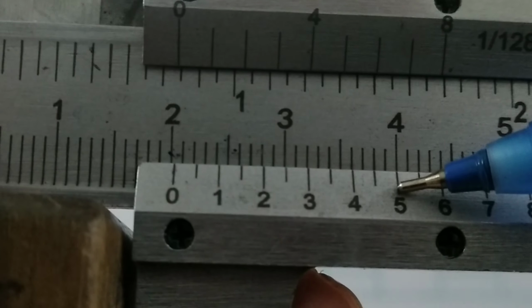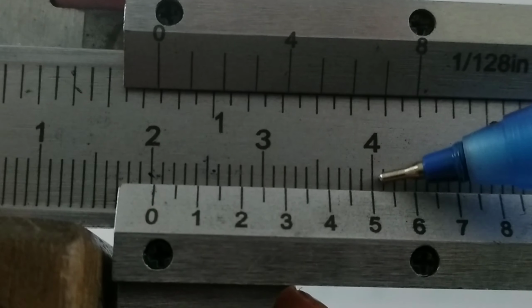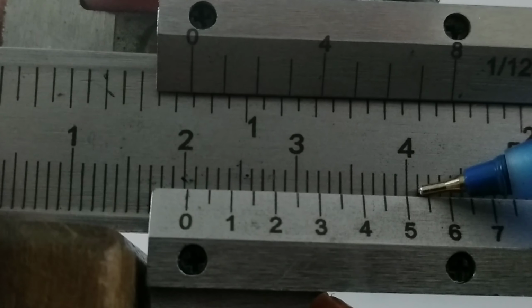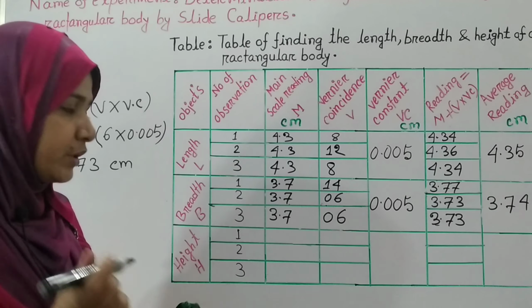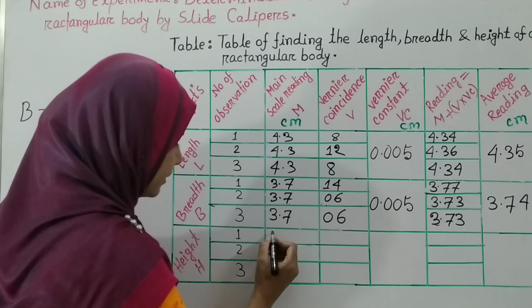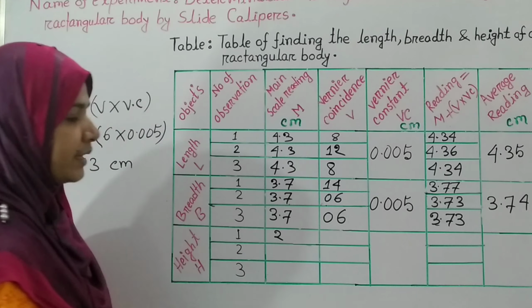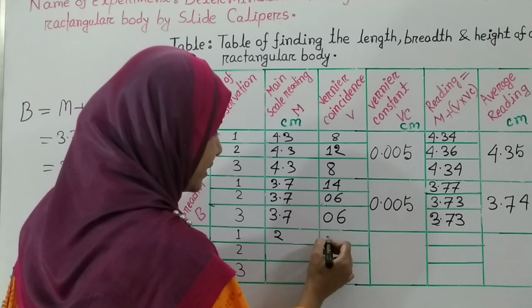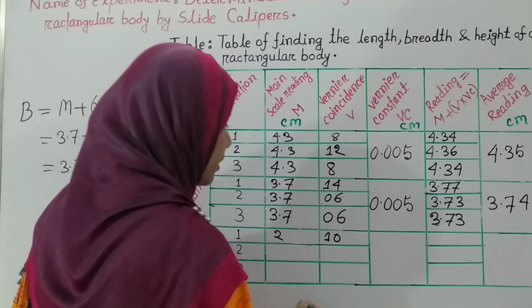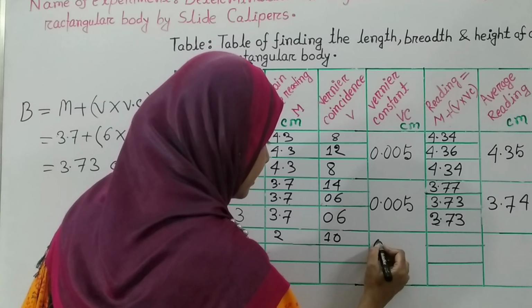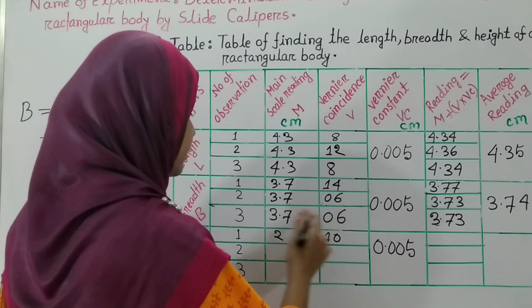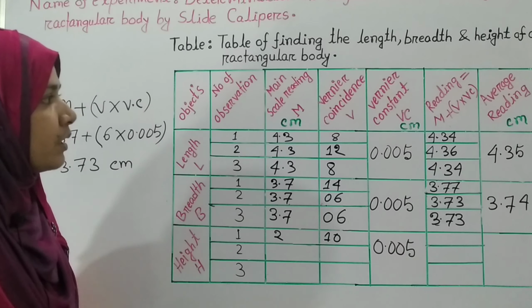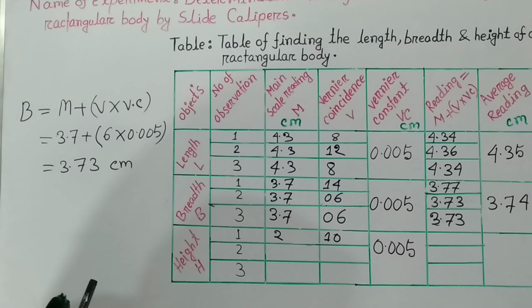So the main scale reading is 2 centimeter, the vernier coincidence is 5, that means 10, and the vernier constant is 0.005 as well.